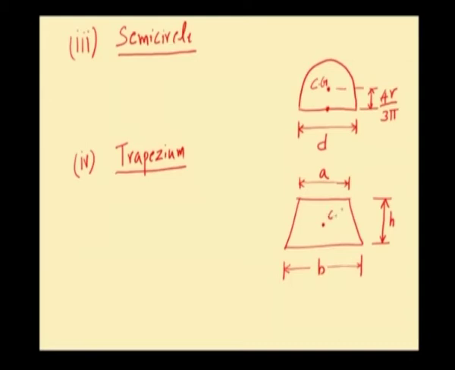This will be the CG of the trapezium. The distance of CG from the base will be equal to h by 3 into b plus 2a divided by b plus a. So, this is the distance of the CG of the trapezium from the base, being the longer side.